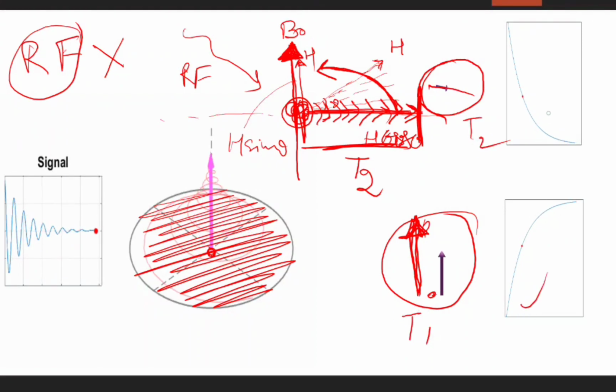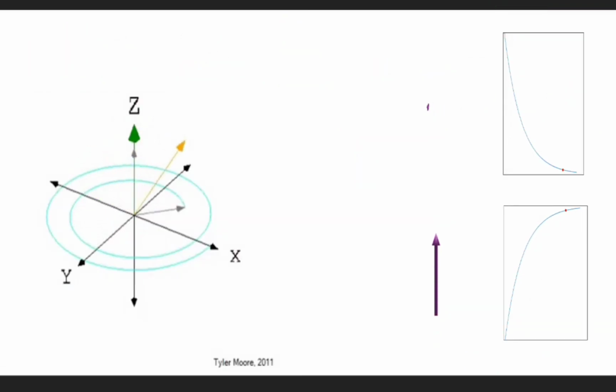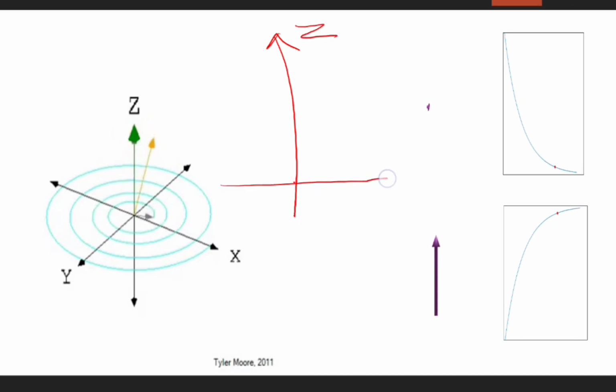And the very popular graph is this. The main graph for T1 is this, and the main graph for T2 is this: longitudinal relaxation time and transverse relaxation time. Here you see the same diagram again. Just pay attention to this black shadow. This is your z-axis, the main magnetic field. Just see two shadows.